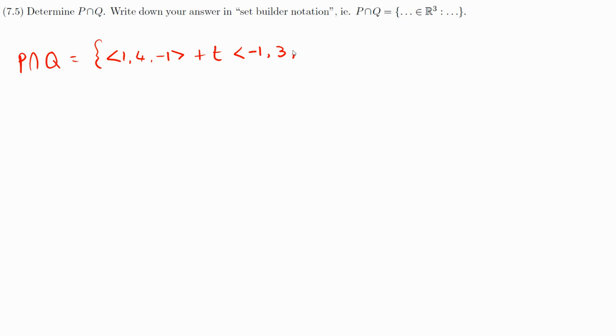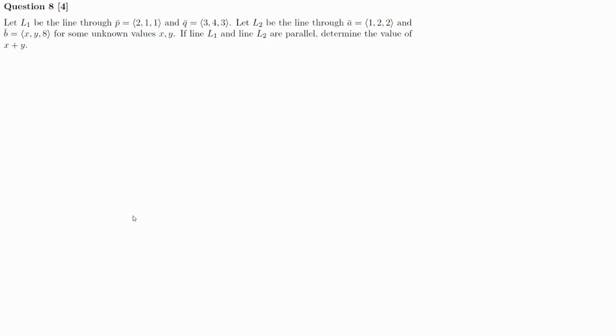Minus 2 plus 1 is minus 1. Okay, so this will be our formula for the line where P and Q intersect.